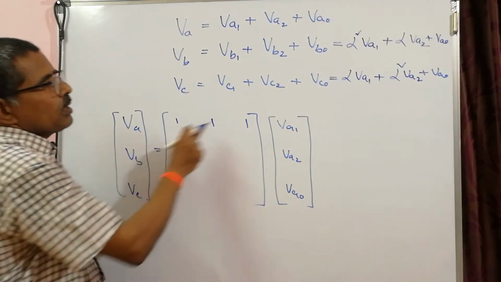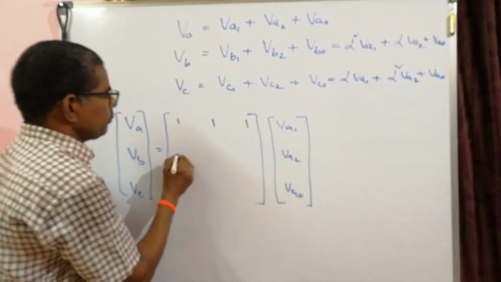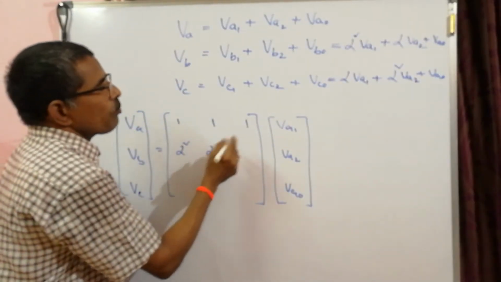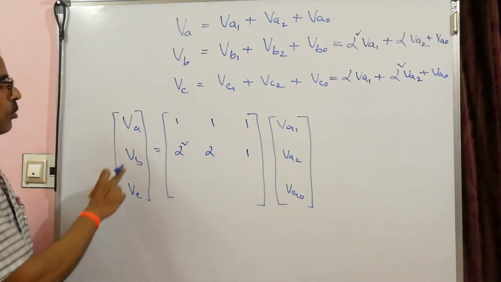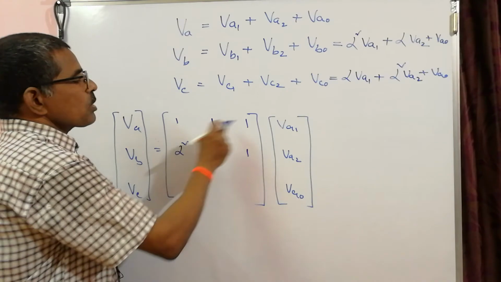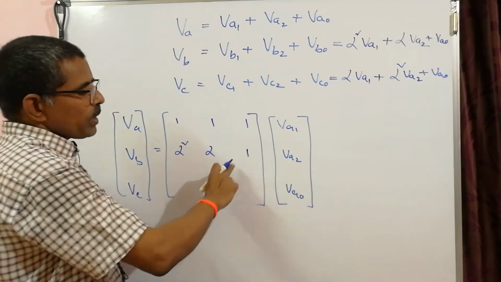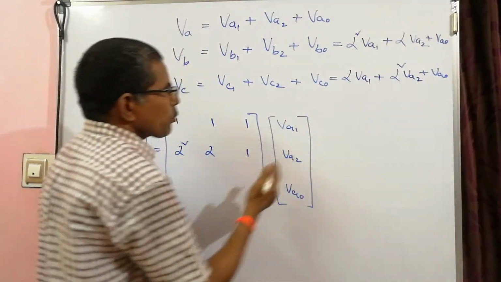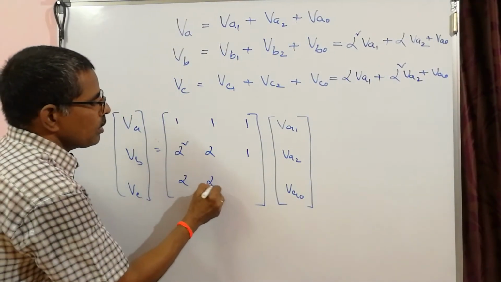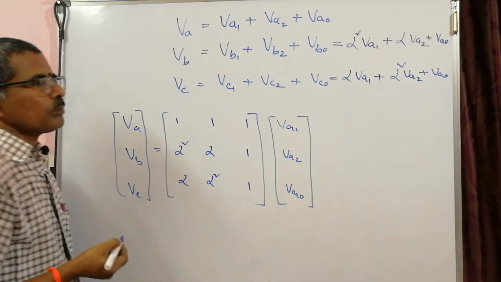What is VB? Alpha square VA1, alpha VA2, VA0 is 1. So VB is alpha square VA1 plus alpha VA2 plus VA0. Then VC is alpha VA1, alpha square VA2, alpha square 1.